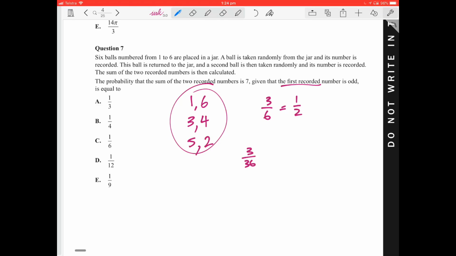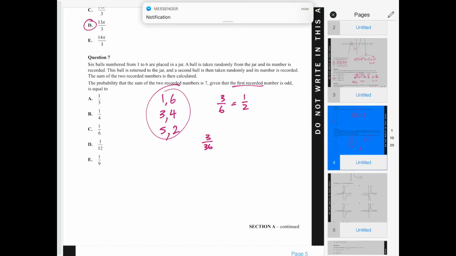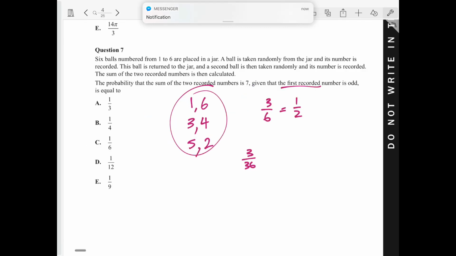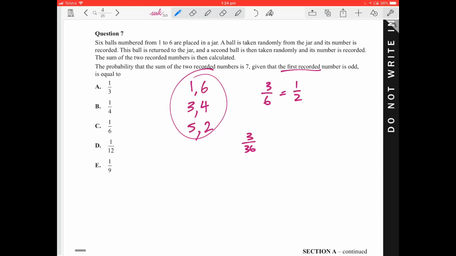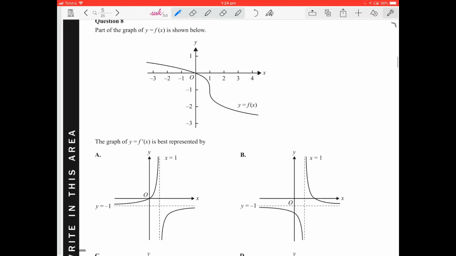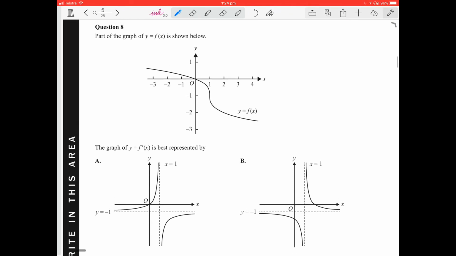So the probability that it adds to 7, given that the first number recorded is odd, is 3 on 36 divided by a half, which is times 2, which is 6 on 36, which is 1 on 6. We're trying to go reasonably quickly, remember?